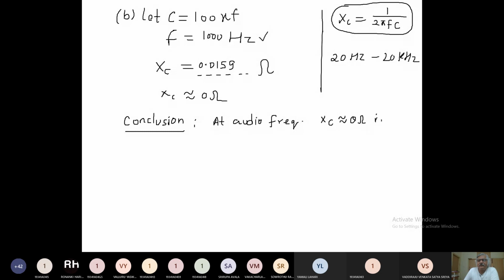That is, we should short circuit capacitors.